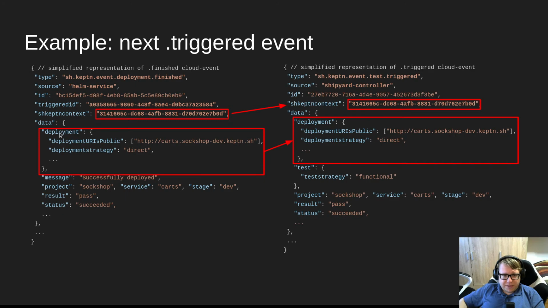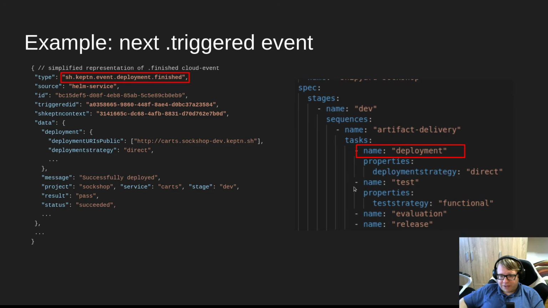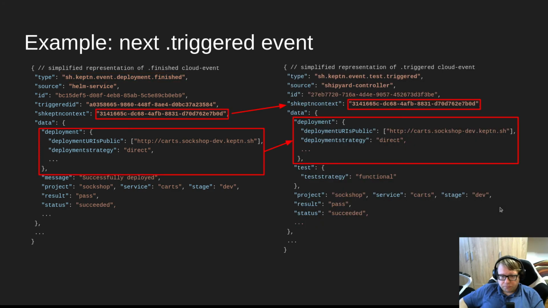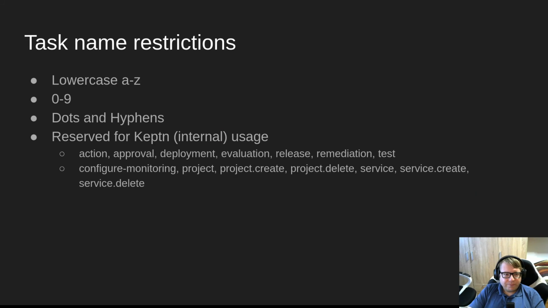We copy the data of the deployment event that we had. So this is just copied over, and we're adding the test field here with test strategy functional because it was defined here as a property. And then everything starts working again, in this case in JMeter service. JMeter service will have to send a .started event, run its test, send a finished event, and so on.